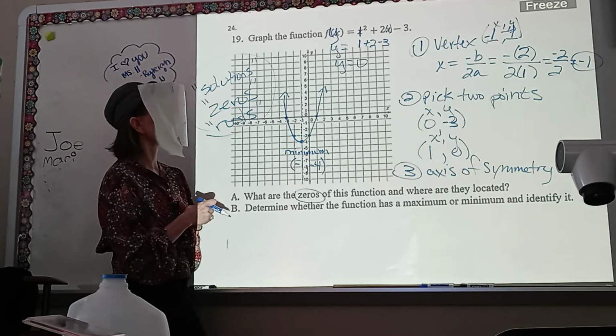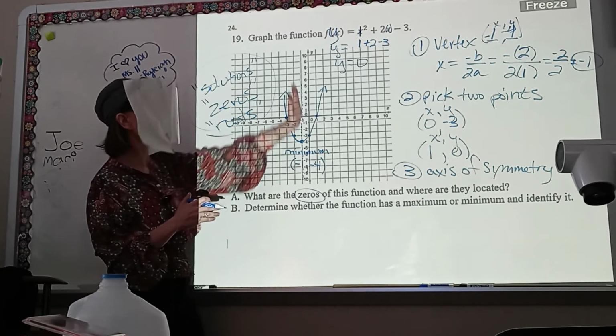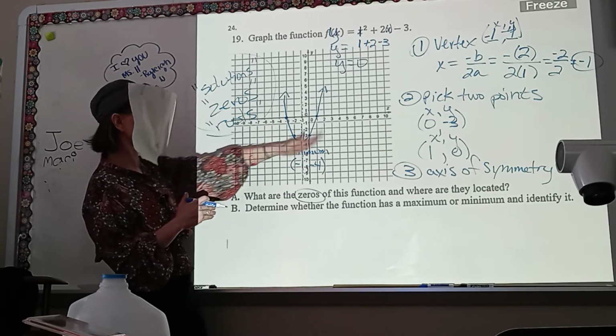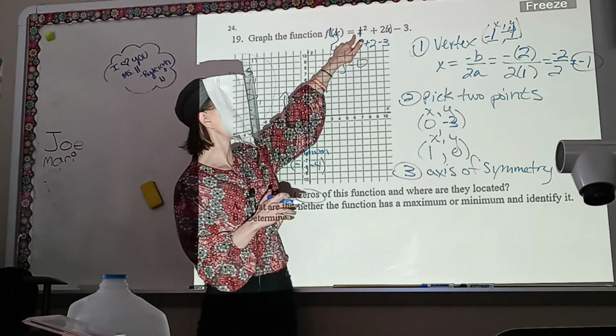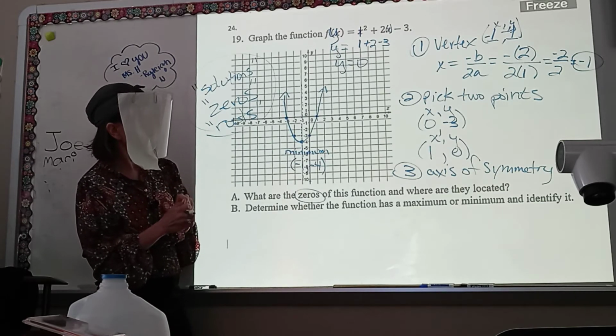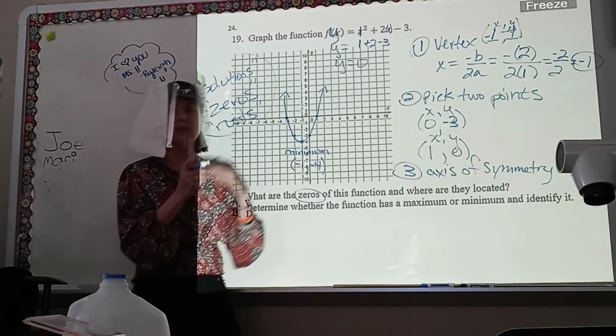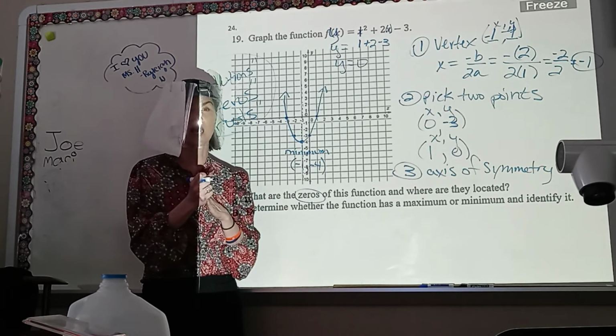What you can also notice is that not only do we have a positive smiley face parabola here because our a value is +1, okay? We can also identify the domain and range, okay?